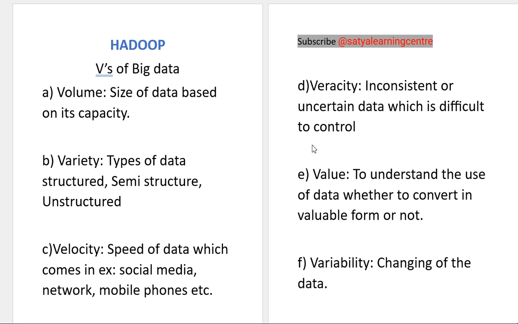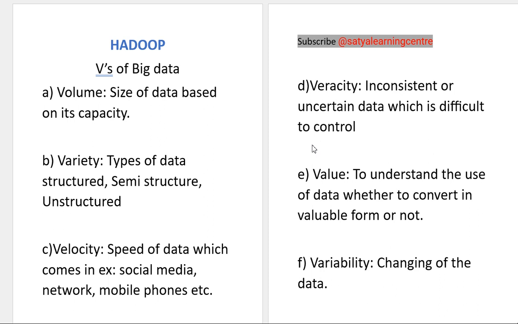Okay, clear? Now variability. The data changes day by day, daily. The data is not consistent, as we already discussed in veracity. But inconsistency is different from changing the value or the feature of the data.